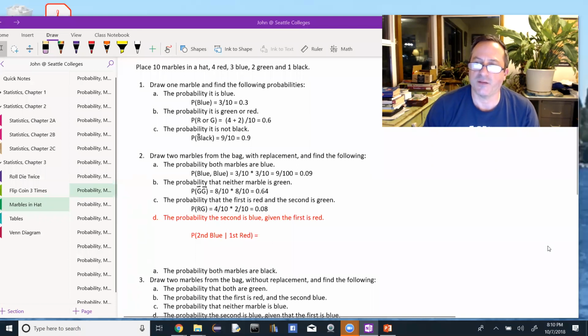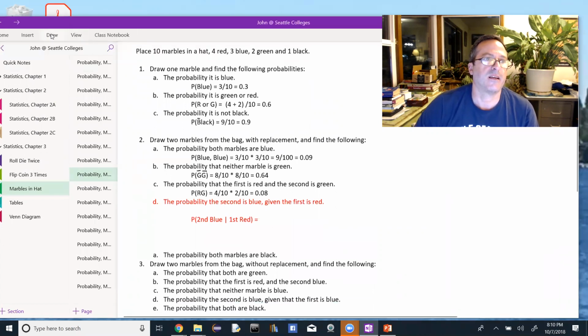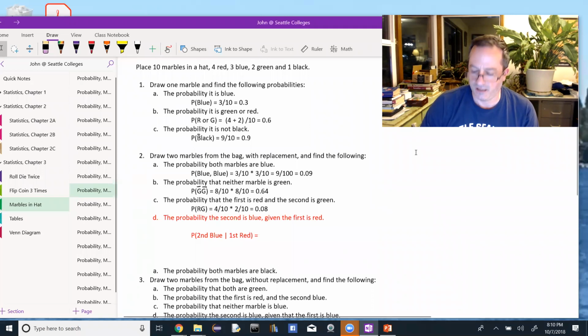So I'm going to look at the formulas for this conditional probability over here. If I recall, here's where I think I do want to use the formula.